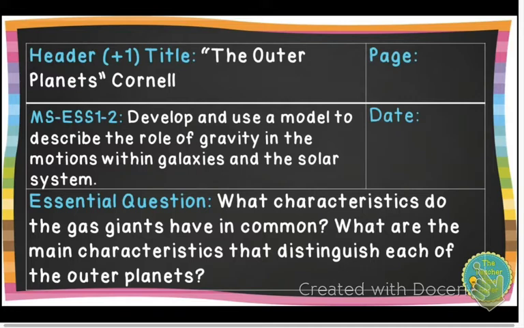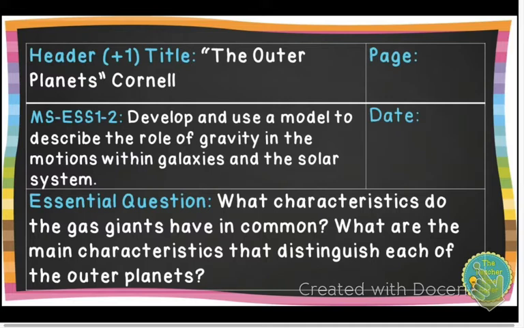The essential question: what characteristics do the gas giants have in common? And what are the main characteristics that distinguish each of the outer planets? So, in class, someone asked, what are characteristics? Characteristics are words that are used to describe something.